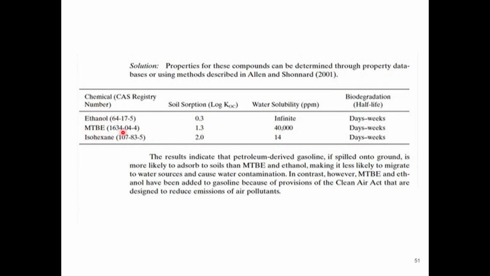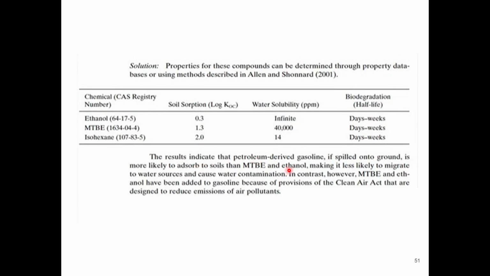MTBE is 1634-04-4 and isohexane is 107-83-5. The soil absorption log KOC values are 0.3, 1.3, and 2.0. Water solubility in parts per million is infinite for ethanol, 40,000 for MTBE, and 14 for isohexane. The biodegradation half-life is days to weeks for only ethanol.